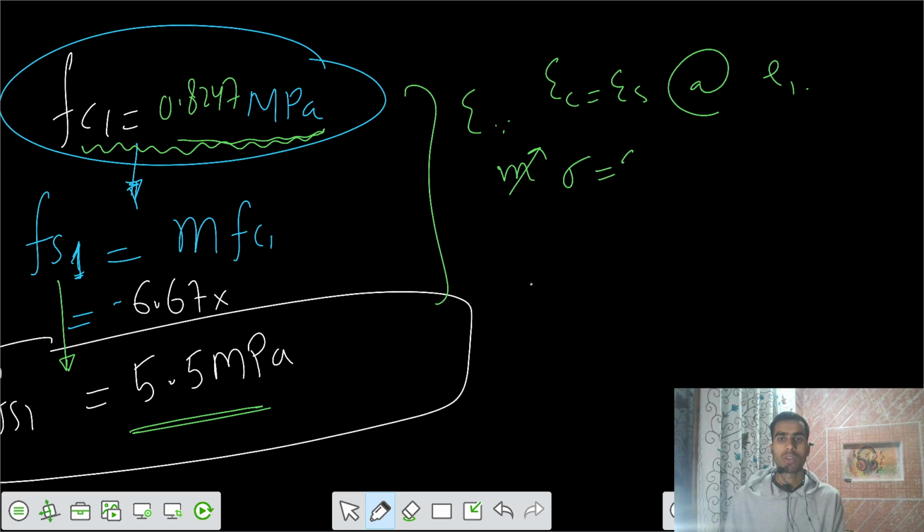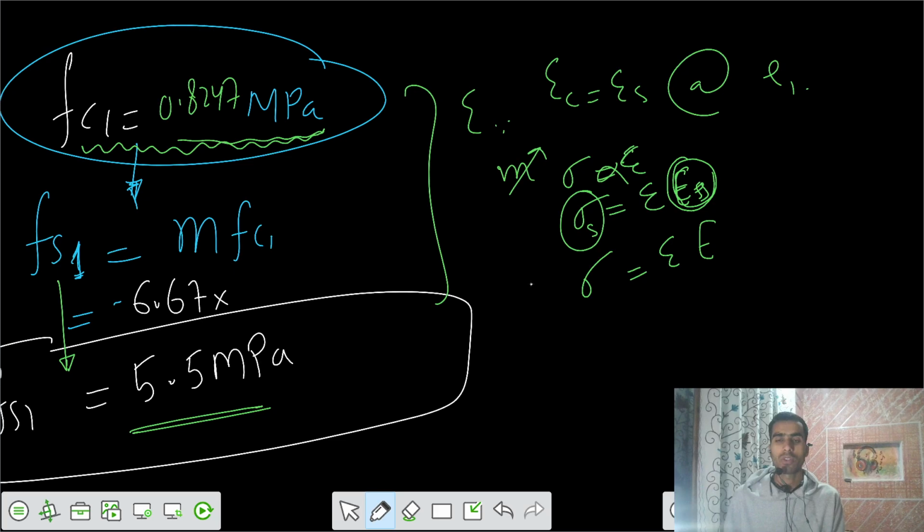Stress is strain times modulus of elasticity, so for the steel you have Es, and for the same strain in the concrete you have Ec and some stress in the concrete. So the loss of stress in the steel is equal to the stress in the concrete times the modular ratio.